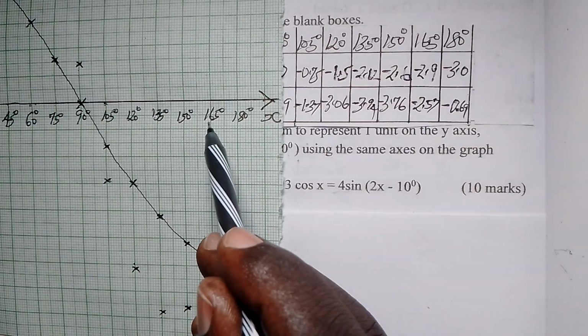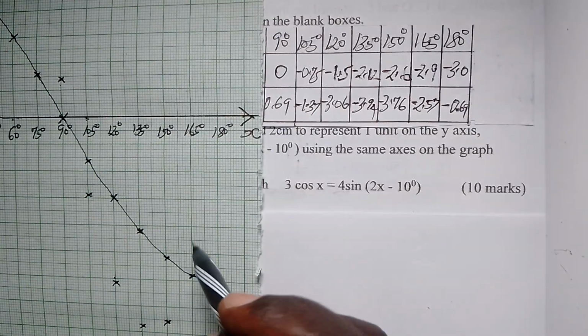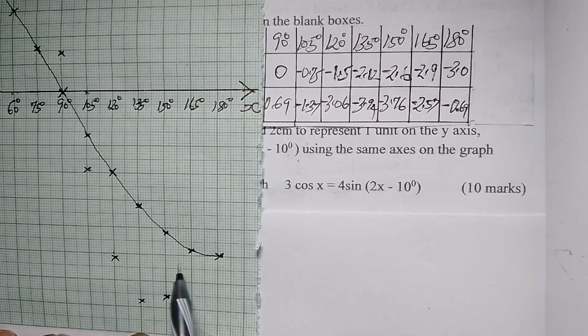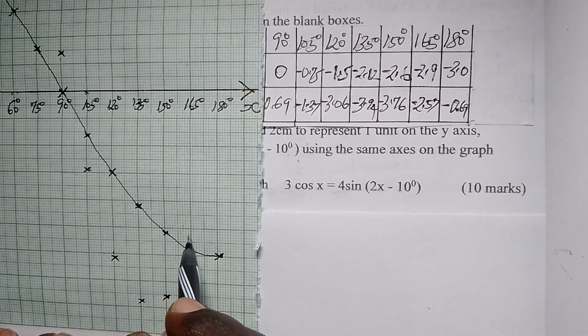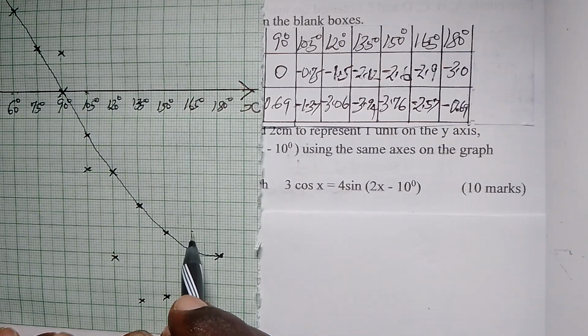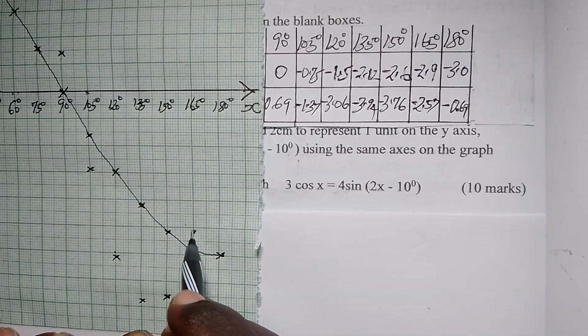And then at 165, negative 2.6. 165 is here, and this is negative 2.5 here. So according to our scale, negative 2.6 will be one small square below negative 2.5.